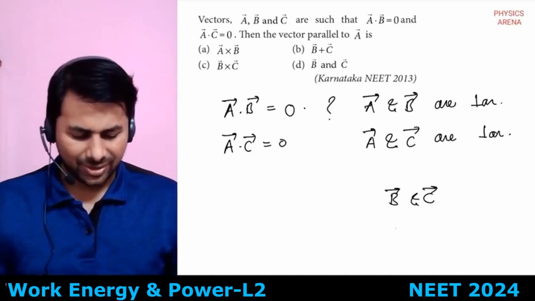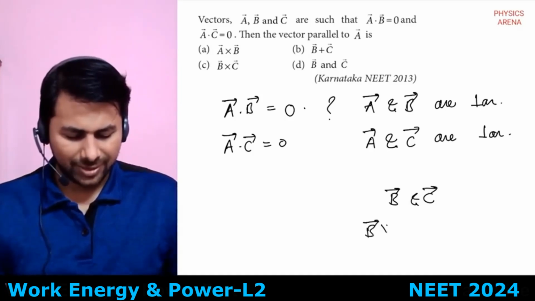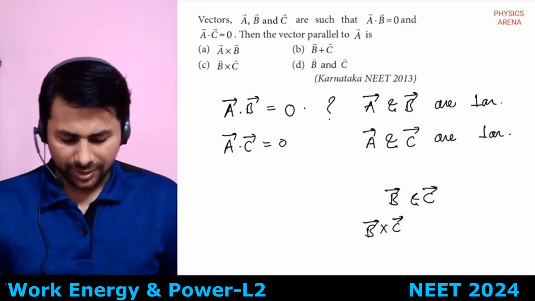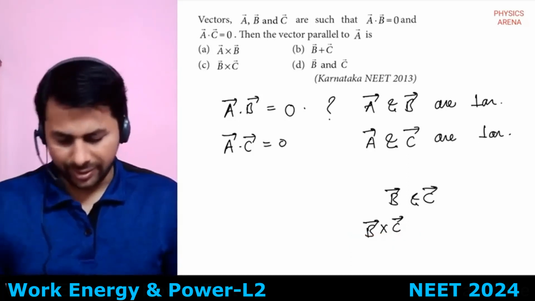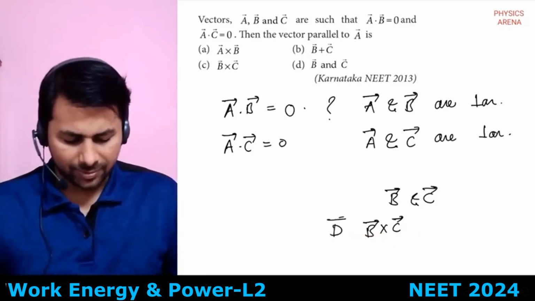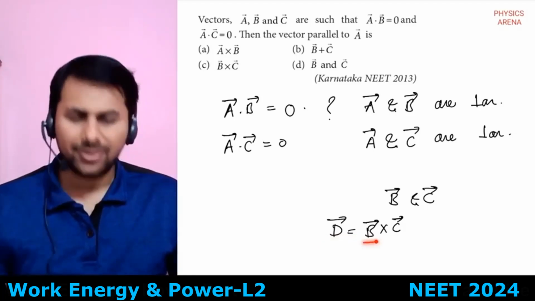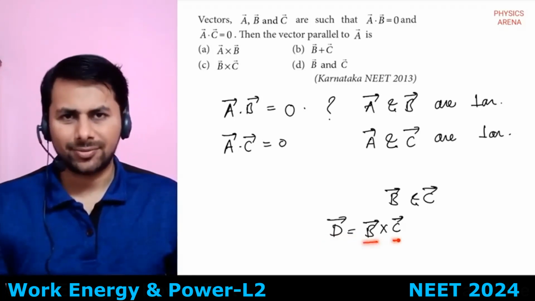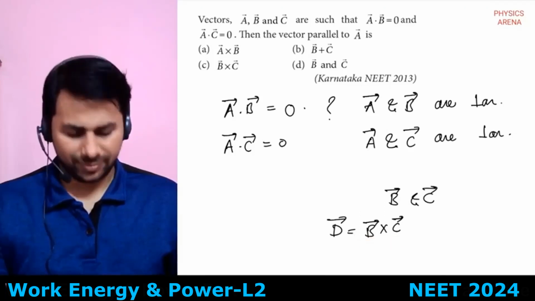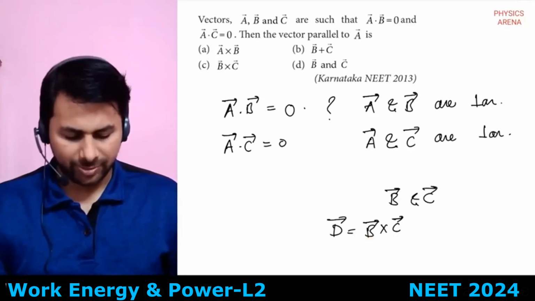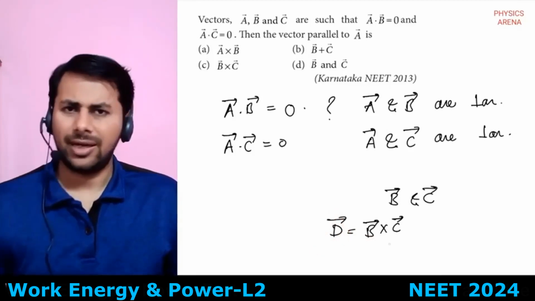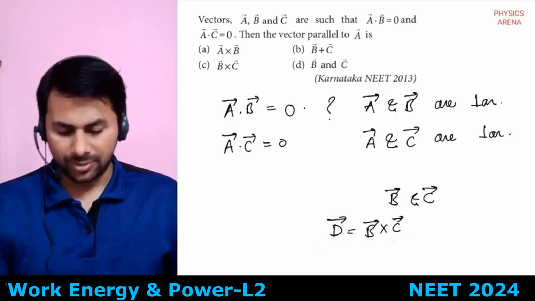Okay, if I take the cross product of B bar and C bar, so we have learned that this is some vector. Let's suppose this is D bar. So this D bar is perpendicular to B bar also. It is perpendicular to C bar also, right? Okay, this is perpendicular to B bar and it is perpendicular to C bar also.